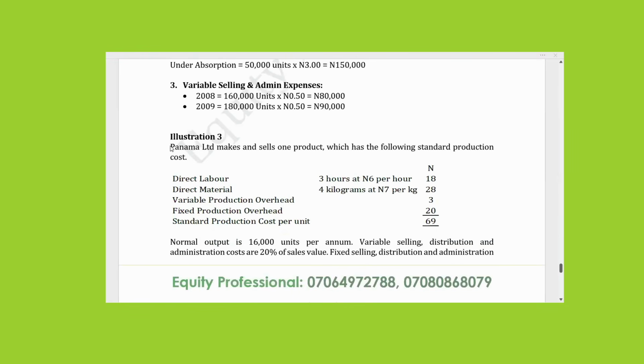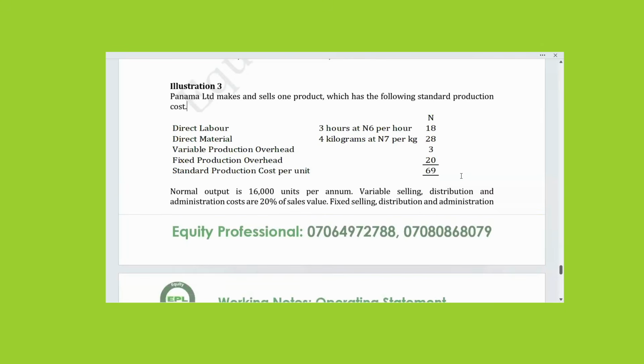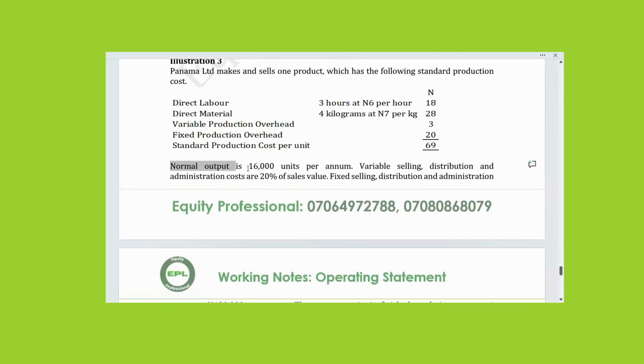Panama Limited makes and sells one product, which has the following standard production costs. Direct labor, 3 hours at 6 naira per hour. Normal output is 16,000 units per annum. Variable selling, distribution and administration costs are 20% of sales value.